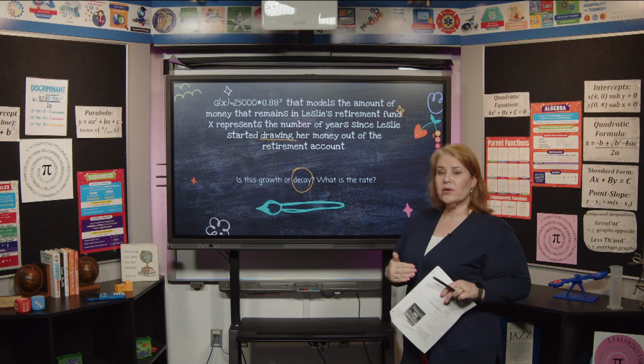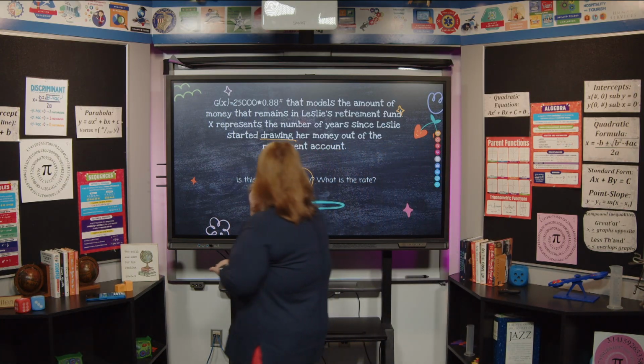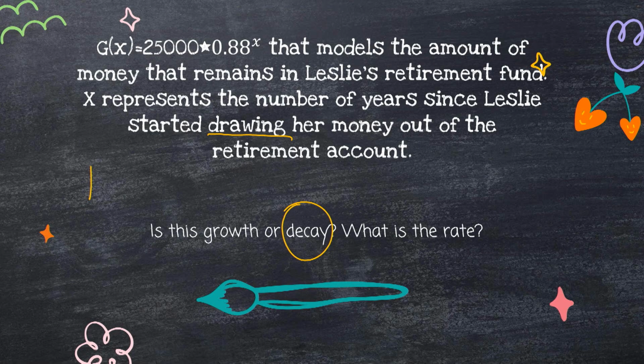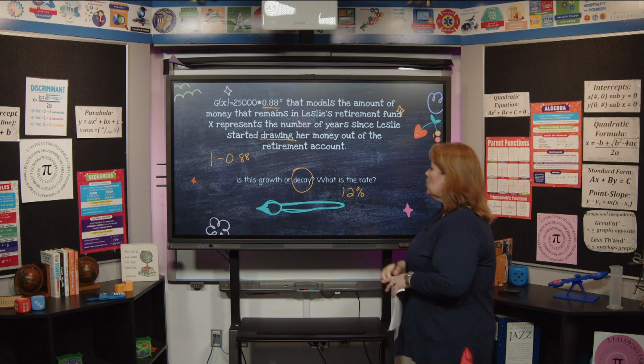Now, at what percent? Remember, to find the rate of decay, I subtract my b from 1. So here's my b. So I take this, and I am decreasing by 12%. Remember, we take that decimal and turn it into a percentage by moving the decimal over 2 places to the right. So it's a decay, and it's decreasing by 12%.